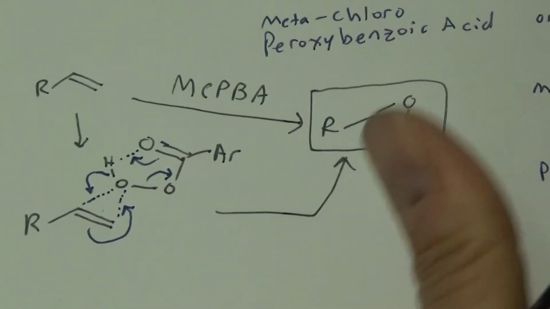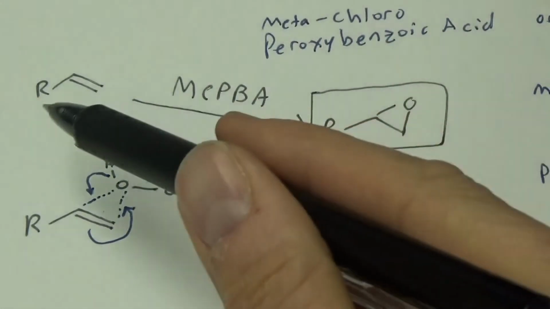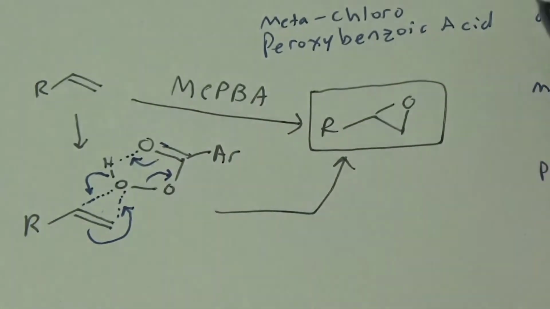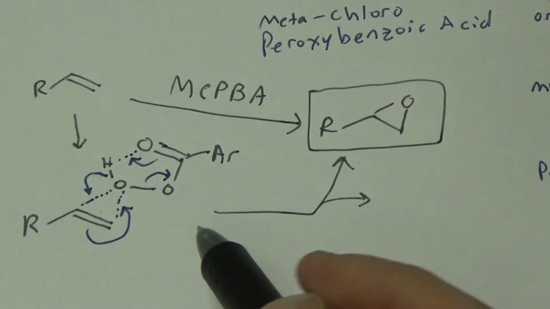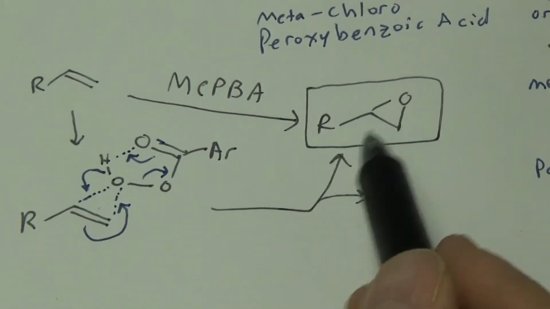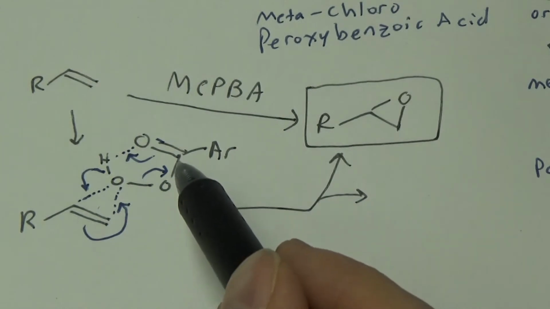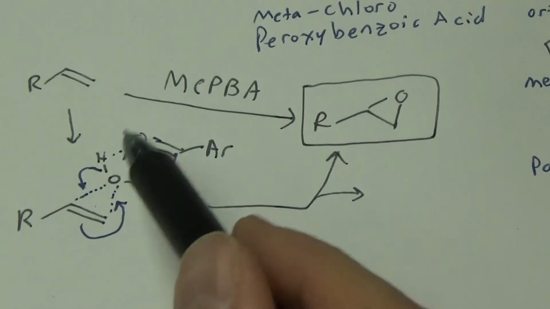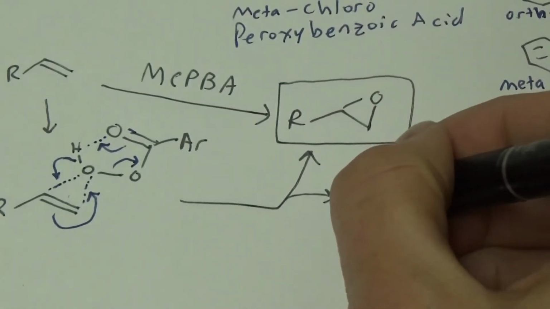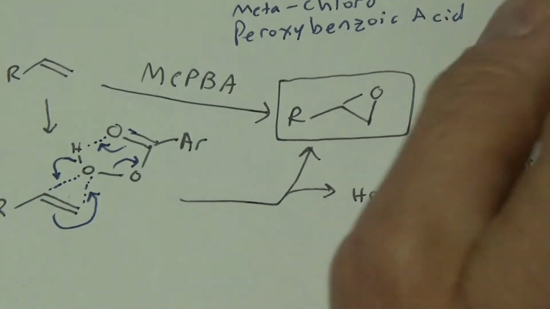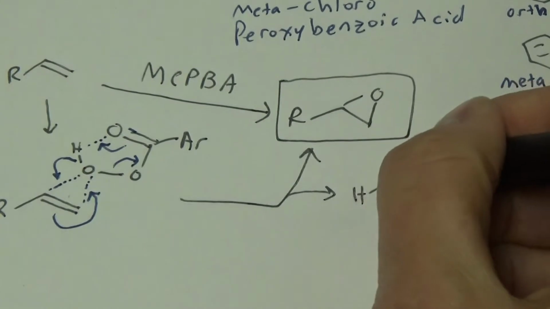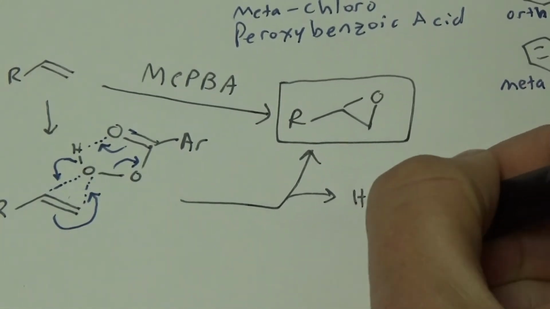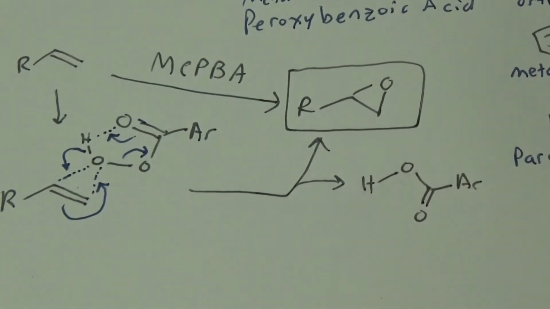Pretty cool little mechanism. mCPBA is just a reagent that converts an alkene to an epoxide. What's the byproduct? Well, what do you think it is? Let's follow through with the arrows, right? We made the epoxide, and then now we make a double bond O there, and a single bond O there, and a single bond to H. So it just makes that as a byproduct.